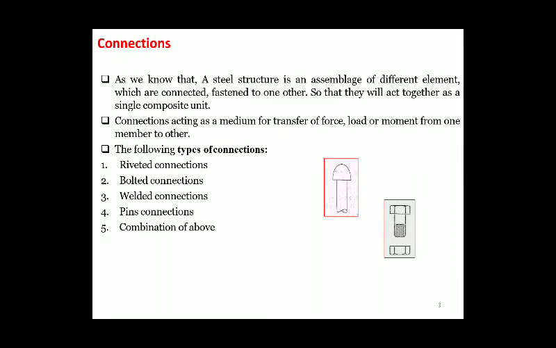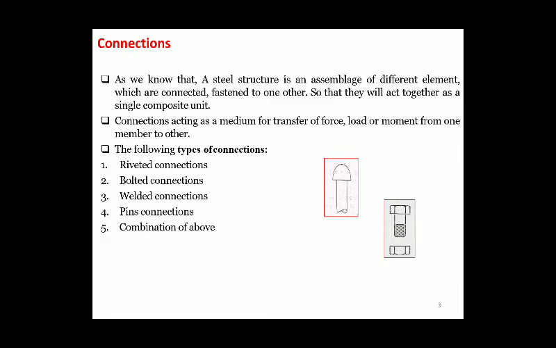In combination, the connection may be welded and bolted. That means while joining the beam and column, we can use bolting as well as welding. That type of connection we can call bolted and welded connection. So this is the combination type of connection.